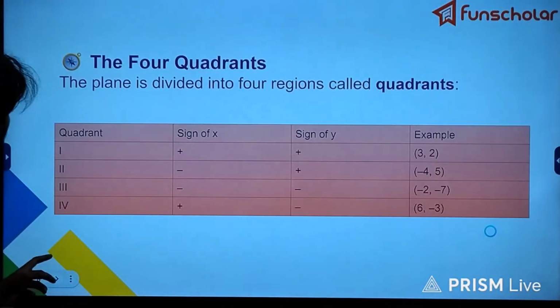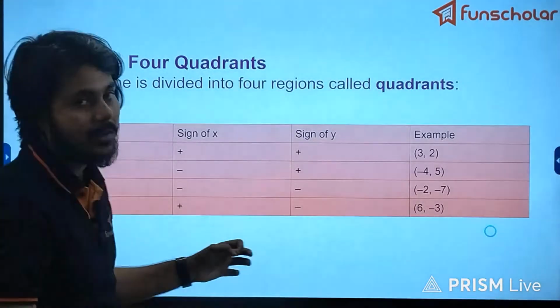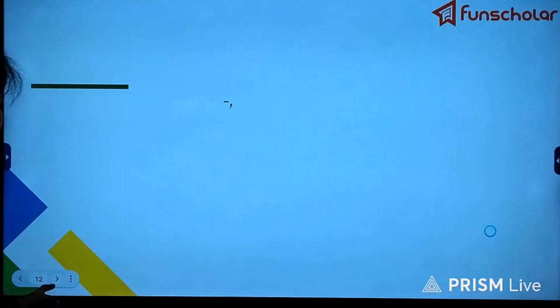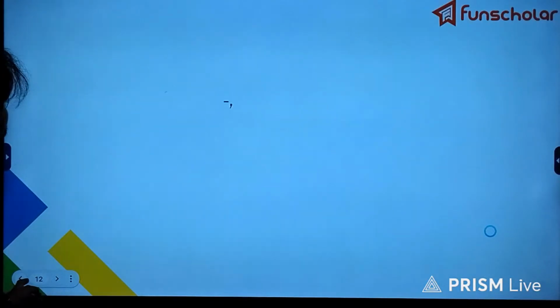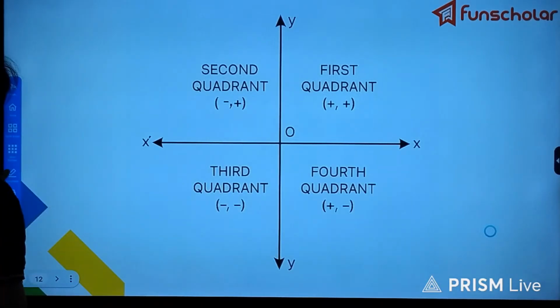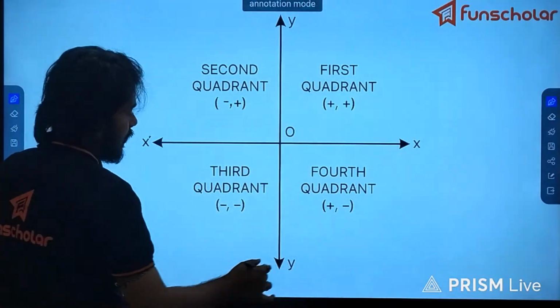Now, the 4 quadrants. What is the meaning of quadrants? See, this is the x-axis and this is the y-axis.